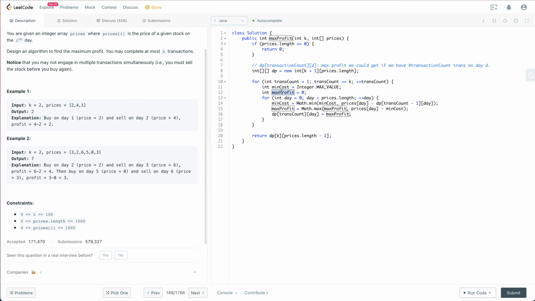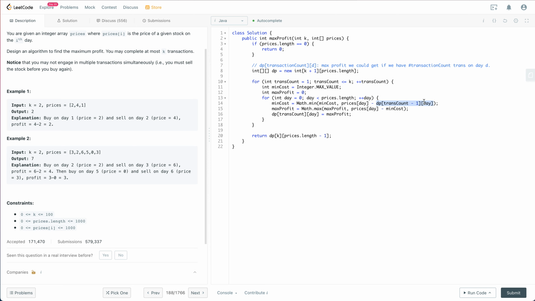The max profit means the maximum profit we could get for the corresponding day if we perform this many transactions. So we have the min cost to be the minimum between the minimum cost we could get before, or if we buy a stock for the current day by considering the previous profit we have made.